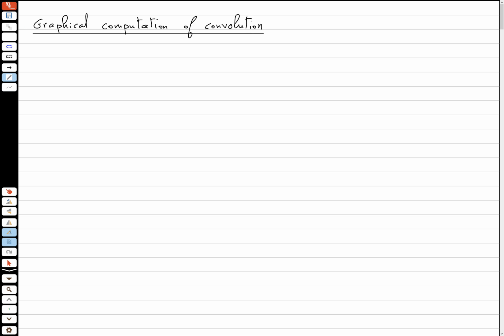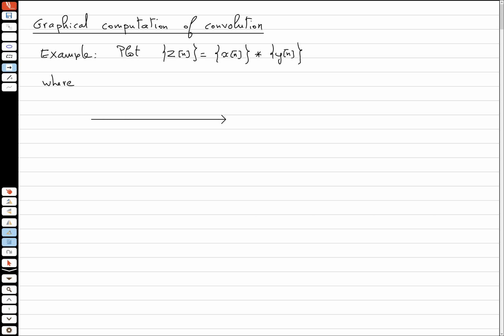So the technique: let's say suppose you plot z of n equals x of n convolved with y of n, where x of n is, let's say, the usual sequence.